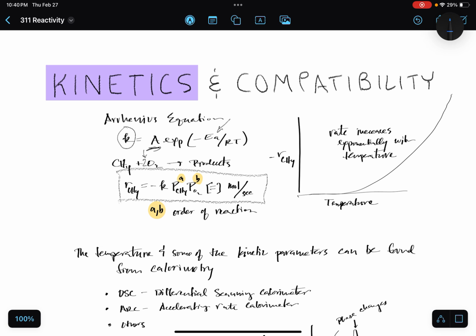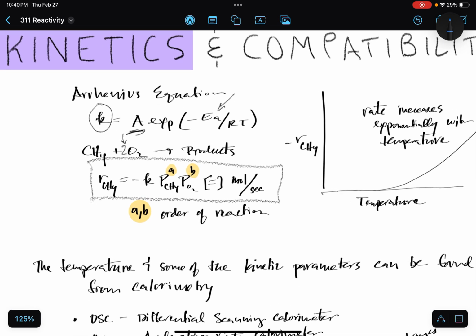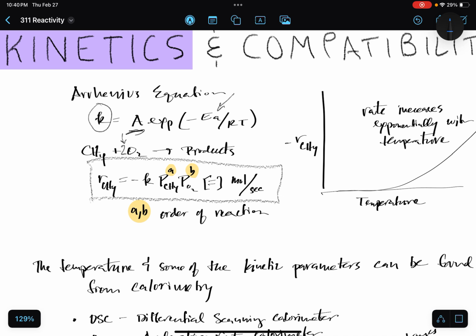And I don't necessarily like that reaction constant name because it can change with temperature, so it's not that constant. But that is K there.